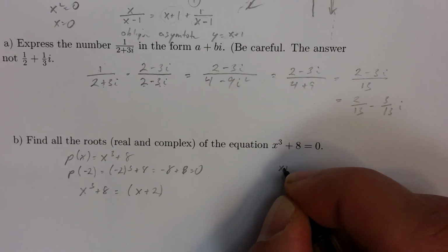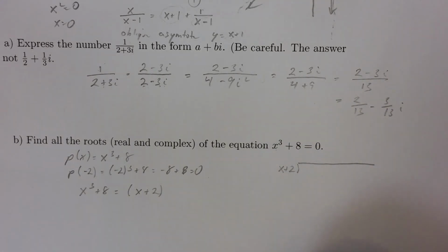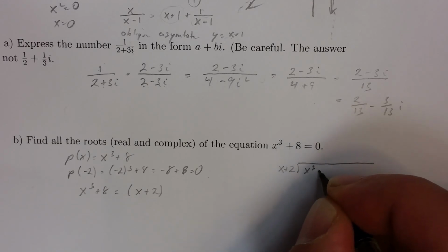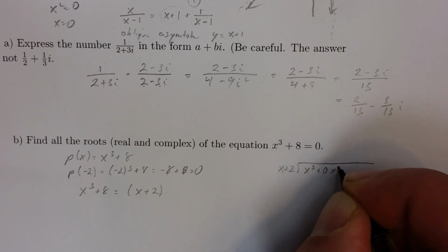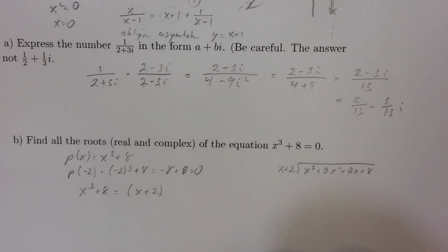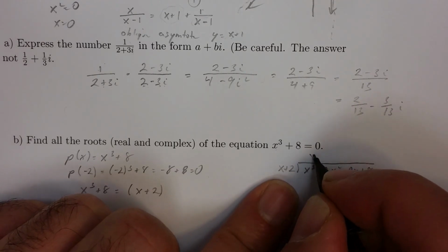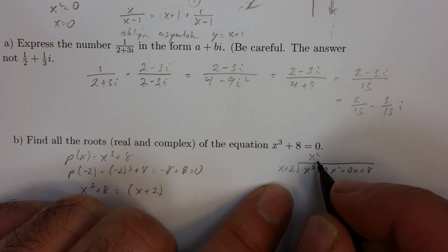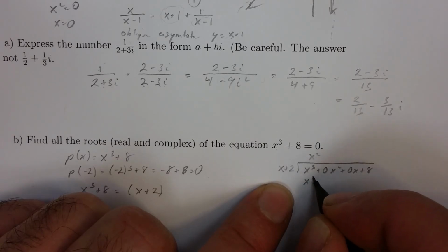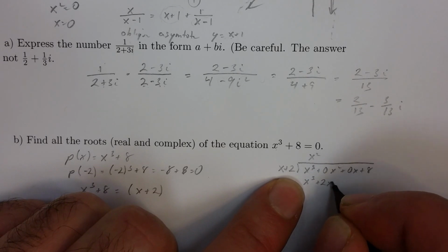So x plus 2 goes into x cubed plus 0x squared plus 0x plus 8. So x goes into x cubed, x squared times. Let's do our multiplication: x squared times x is x cubed, x squared times 2 is 2x squared.